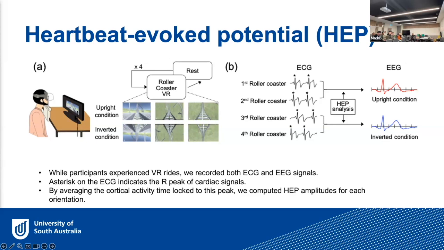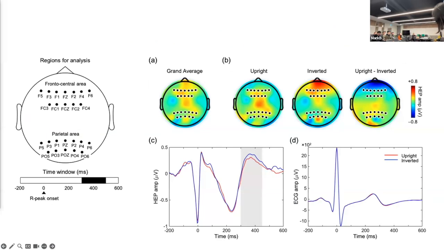So the amount of visual information of the roller coaster is fully the same, but somehow it induces a different level of sickness, and it affects our heart, and those transient changes in our heartbeat affect our brain. That is my rationale.